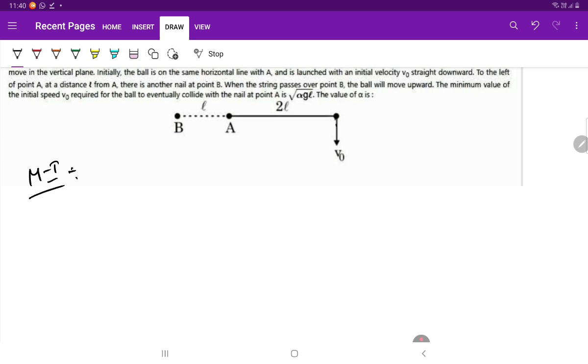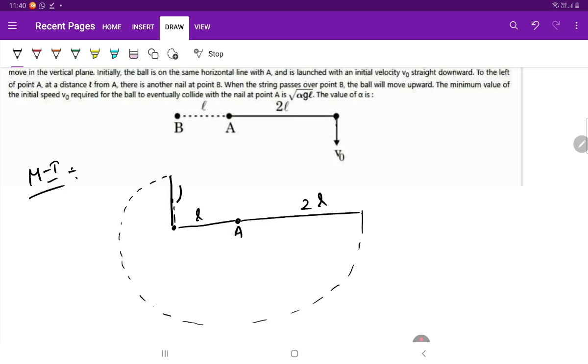Method 1, the intuition is such that when the ball is imparted such velocity, the string is 2L, so the radius will be L. So my trajectory will somewhat look like this, and then it will be at a height L from the horizontal line. So half m v naught square, basically here it must undergo circular motion.